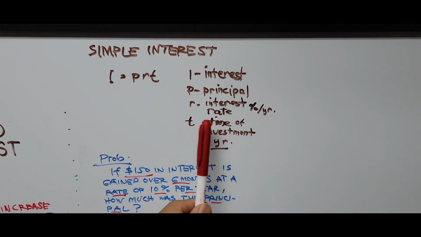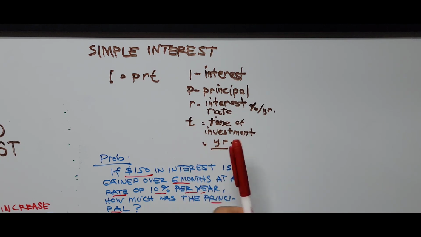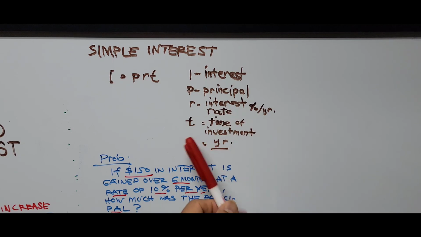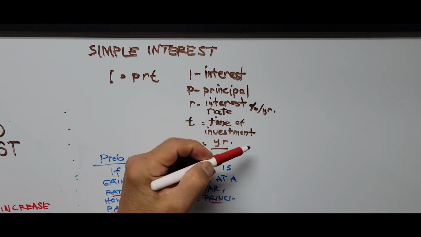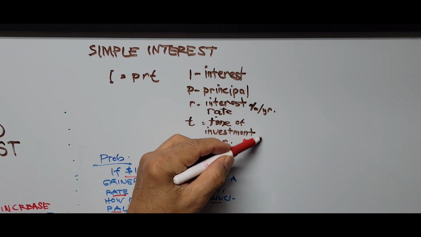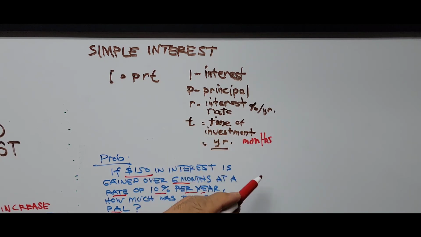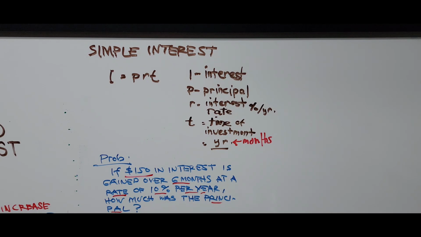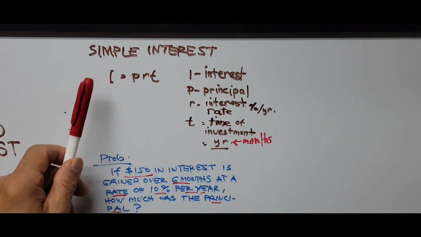That means the unit of the time should follow whatever is the unit of the interest rate. For example, if this is expressed in months, you have to convert it into a year equivalent.